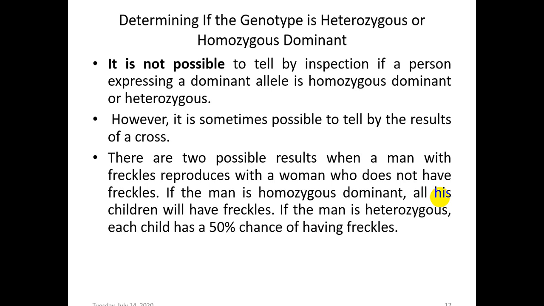So I said, oh yes, this man is homozygous. That means capital F. If half, some of the children have and the others not, then he is heterozygous because the lady is small f. True? So you need 20-30 years to determine.